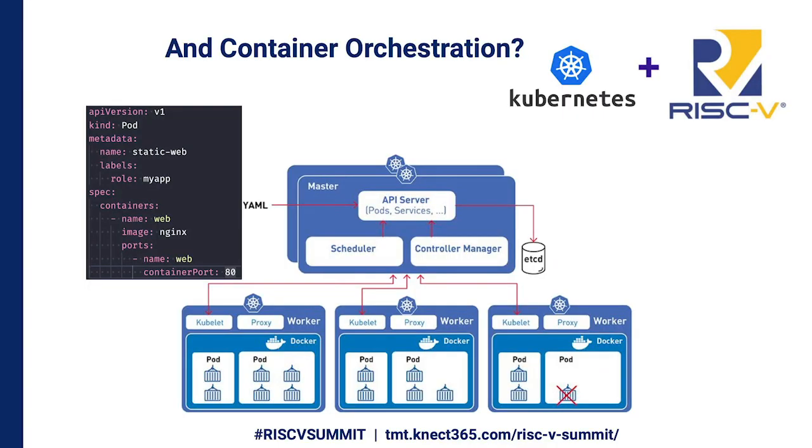So what's Kubernetes? Kubernetes is composed of a control plane, the master nodes that you can see on top, the blue image. That's the API server, some databases to control the state of the cluster. And on the bottom, you have the workers, the nodes that run your workloads, your containers.